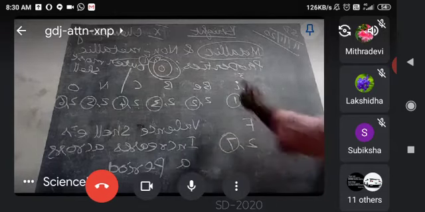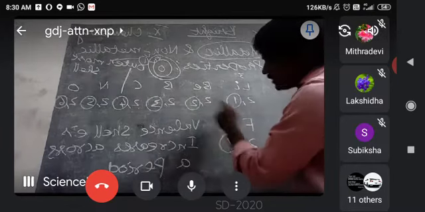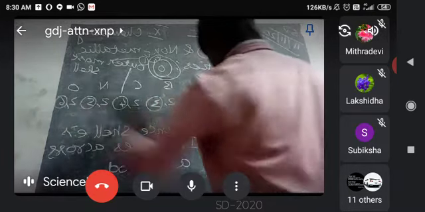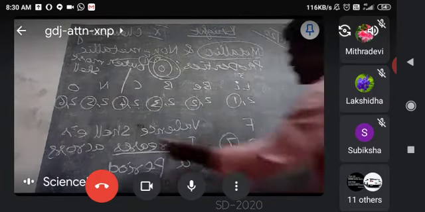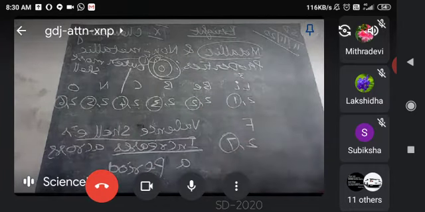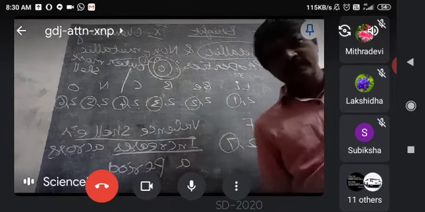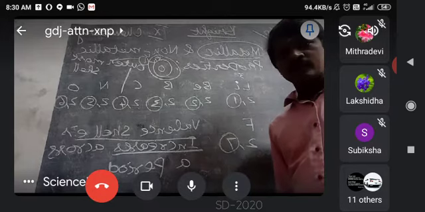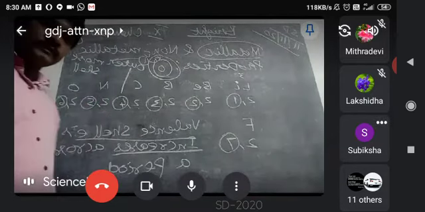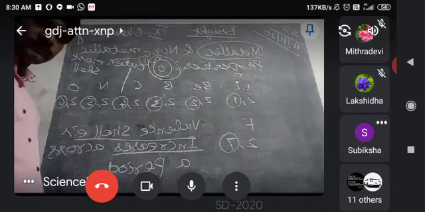So the valence shell electrons are 1, 2, 3, 4, 5, 6, 7 across a period; they increase. Suppose valence shell electrons increase, how will it show the metallic property? It will lose electrons by donating electrons.